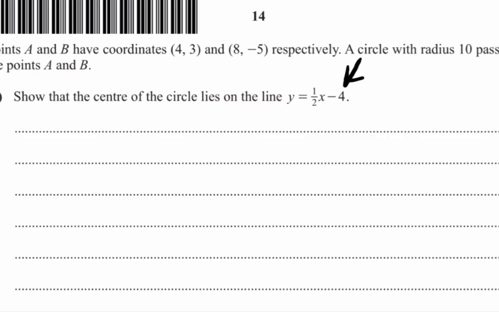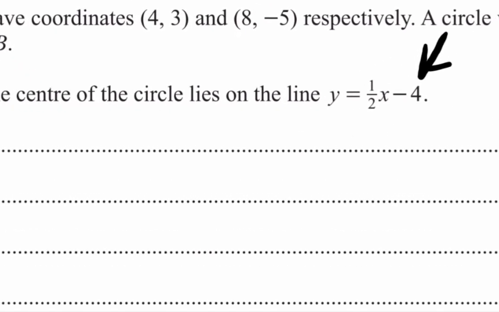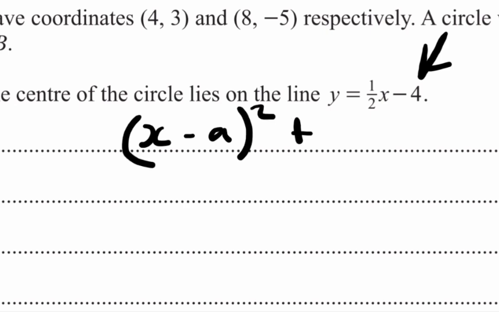And so for that, we're going to consider the general equation of a circle, which is x minus a squared plus y minus b squared being equal to r squared. Since the two points are on the circle, we're going to substitute them separately. So first we're going to substitute 4, 3.